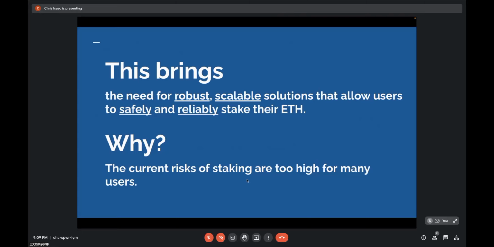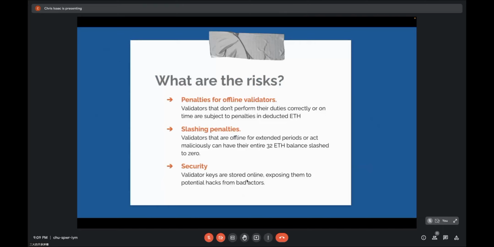Let's talk about what some of those risks are. So the big thing that comes into play is validators being online. Of course, you get your rewards for doing your job correctly if you're a validator, but if you're offline or something is faulty and the validator can't respond correctly or on time, they're going to get penalized.